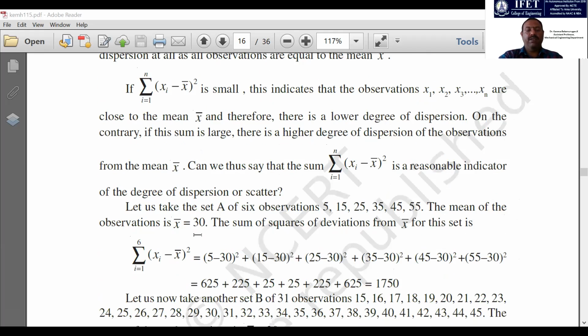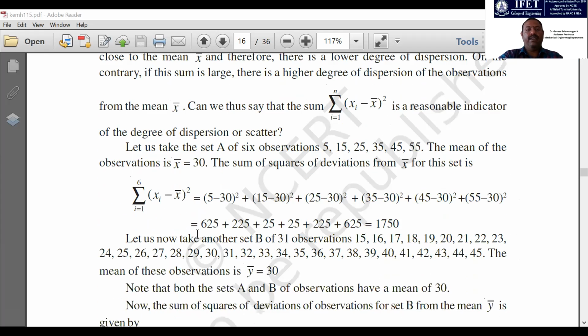So I will take this example of 5, 15, 25, 35, 45 and 55. This is one set of observations, and if you find the mean of these, you will get 30. There are 6 observations. Then we have to find the deviation.